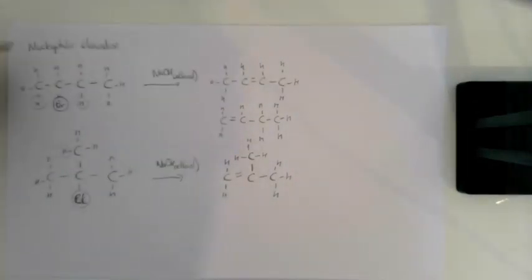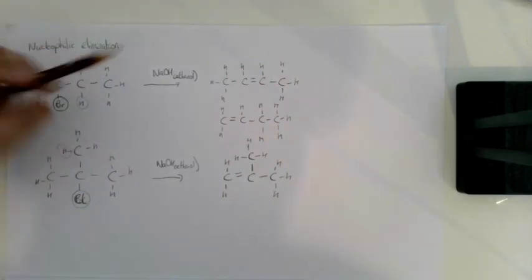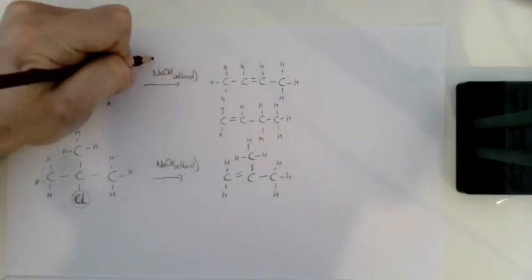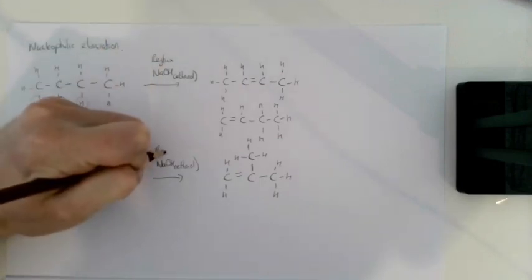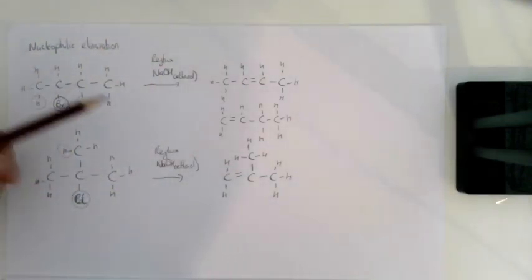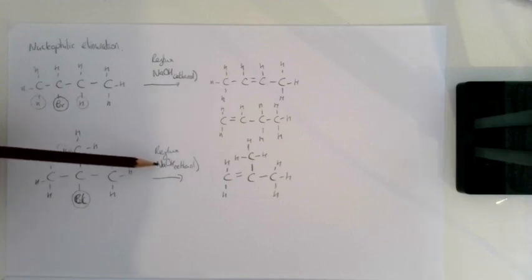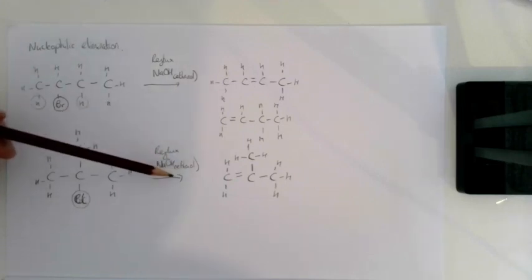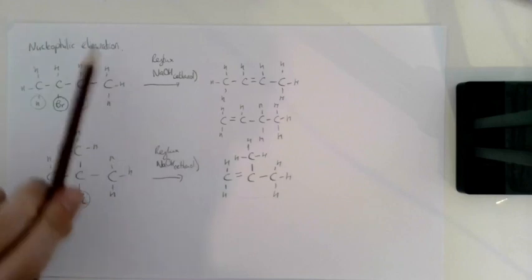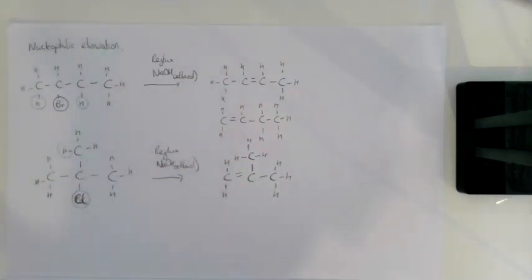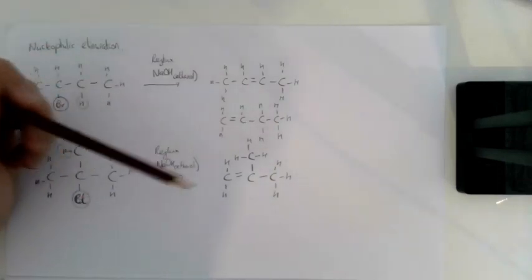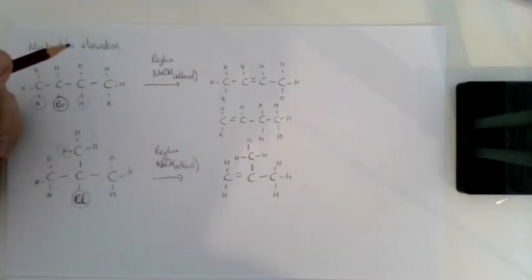So what are the main differences between nucleophilic elimination and nucleophilic substitution? In nucleophilic elimination, we need to reflux. So in both these situations, we'd need to reflux. In sodium hydroxide, which is dissolved in ethanol, in elimination we get alkenes as product. In substitution we get typically an alcohol as a product, or if we use another nucleophile we get something different.